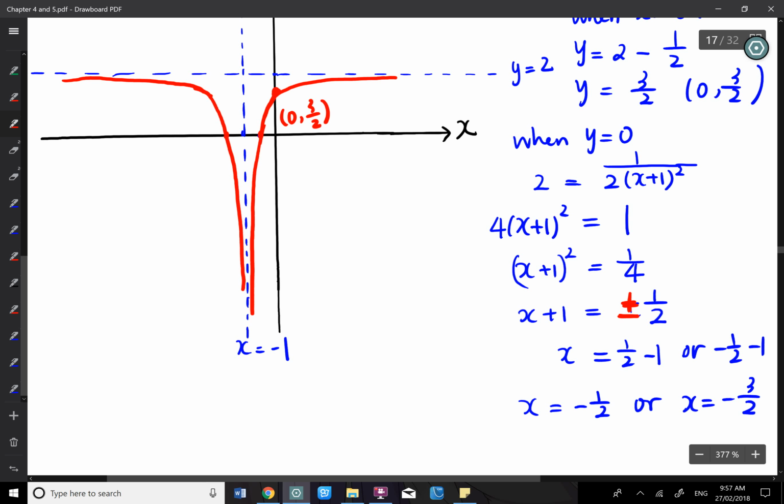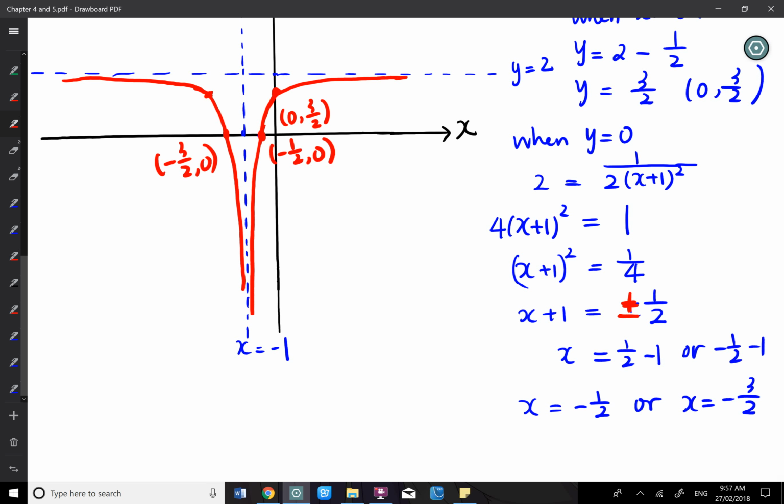I was trying to draw it symmetrical about x equals minus 1. Minus 3 over 2 comma 0, and that is minus a half comma 0. The graph needs to be parallel and get close enough to the asymptotes.